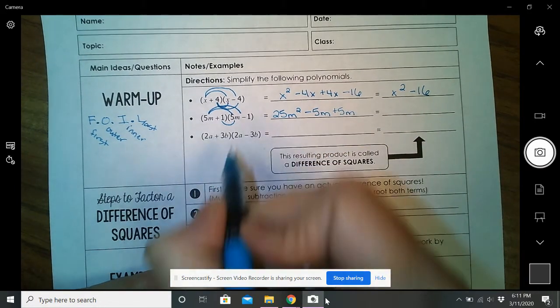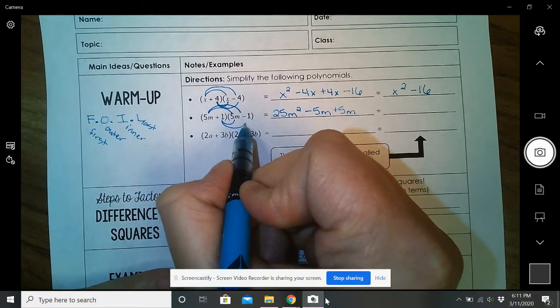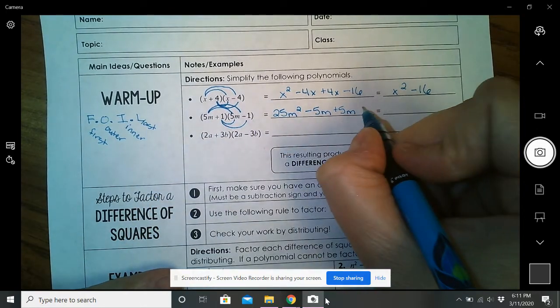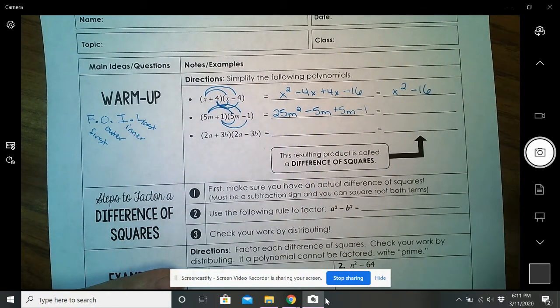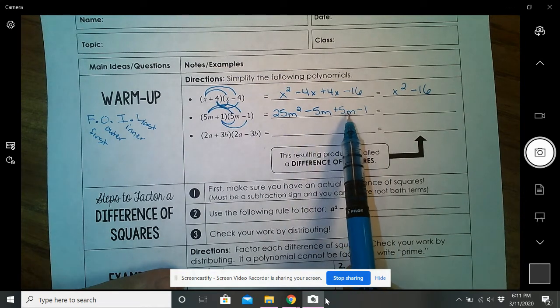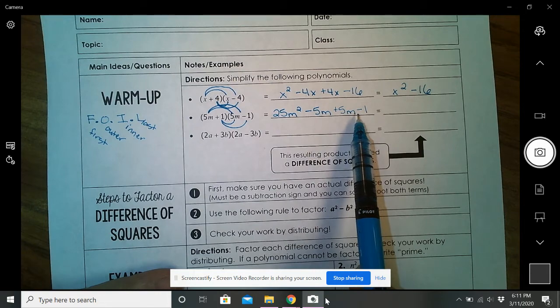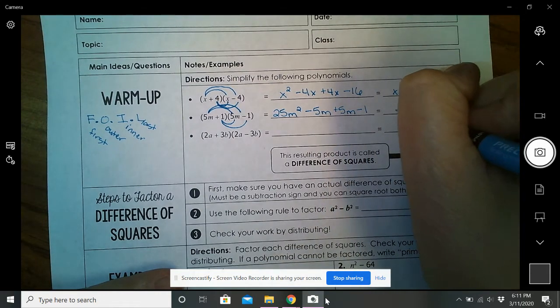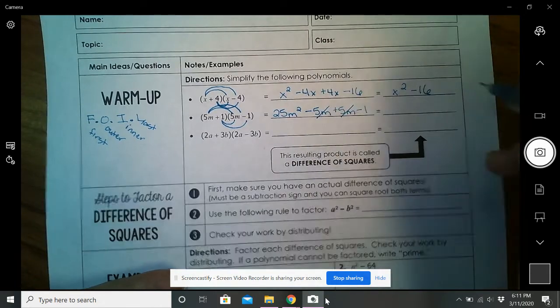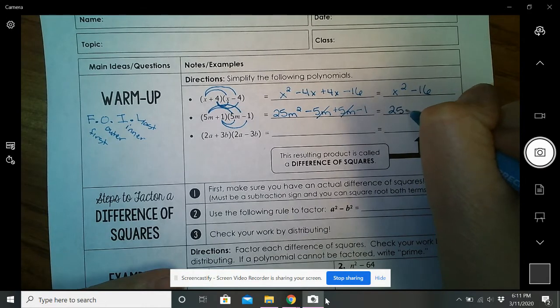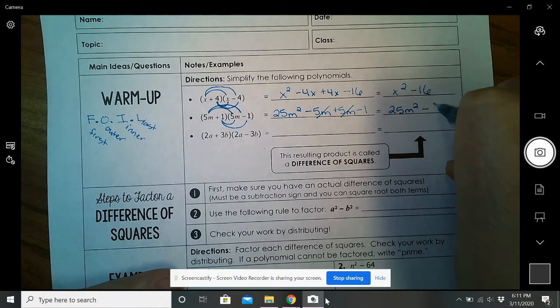And now for the last two terms, positive 1 times negative 1 is negative 1. Well, it's happening again. Look at these two inner terms. A negative 5m and a positive 5m are going to cancel each other out. So we'll just have 25m squared minus 1.